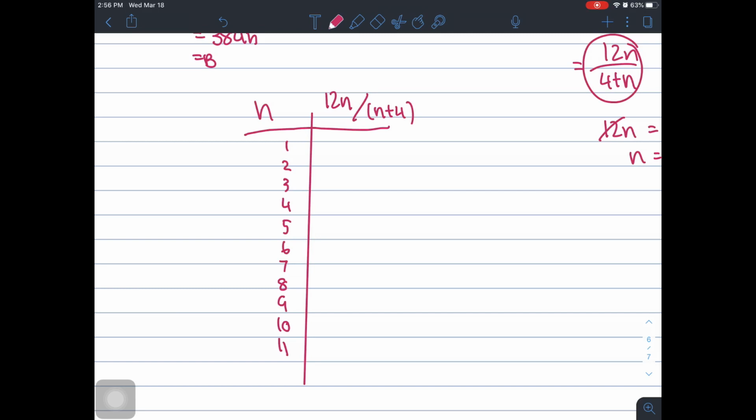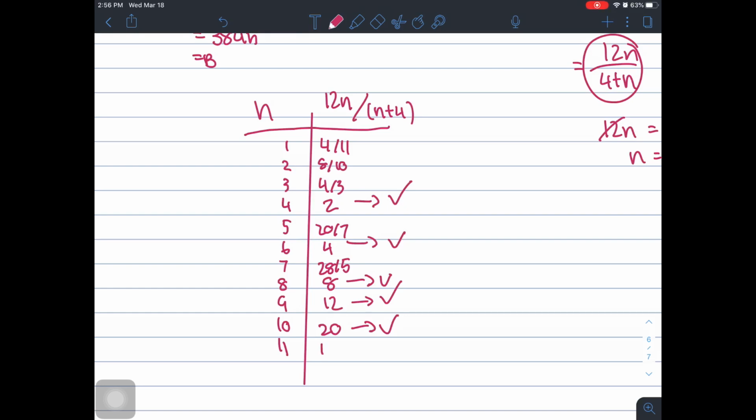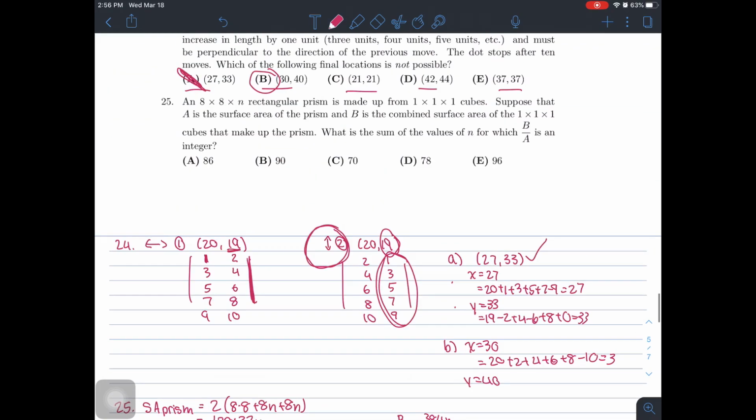If you plug this all into your calculator, you get 12 over 5, 24 over 6, which is 4 over 3 and so on: 2, which is an integer, 20 over 7, 4, which is an integer, 28 over 5, 8, which is an integer, 9 gives you 12, also an integer, 10 gives you 20, also an integer, and then 11 gives you 44. This is also an integer.